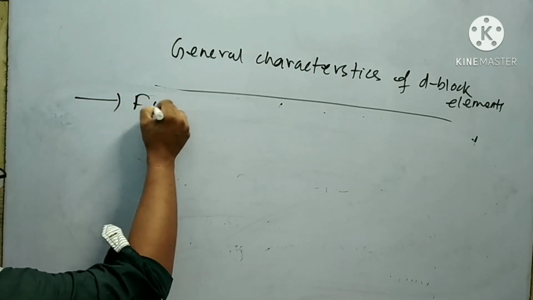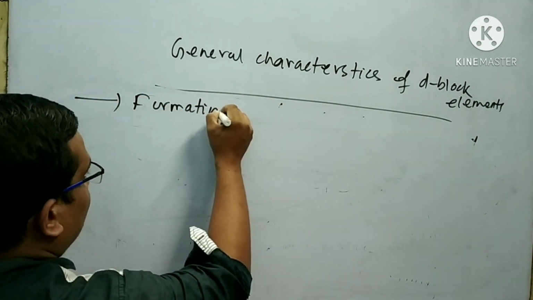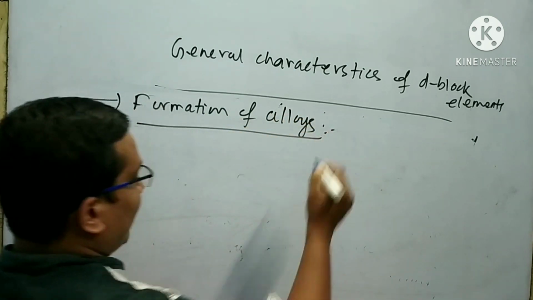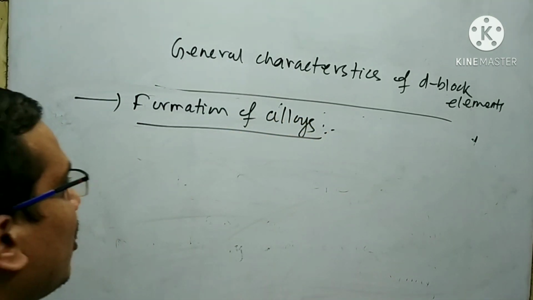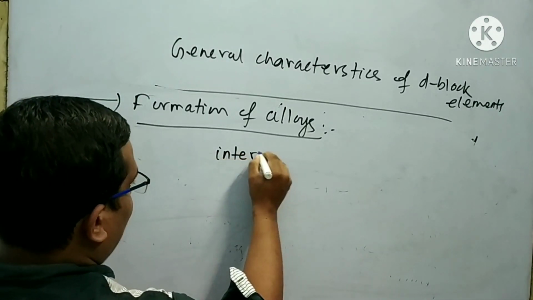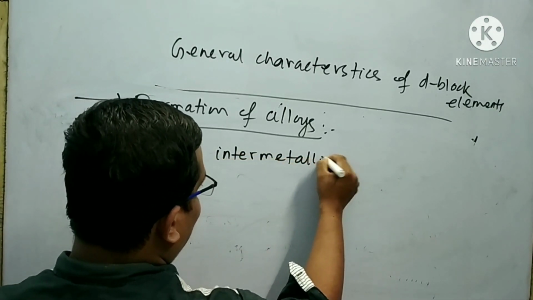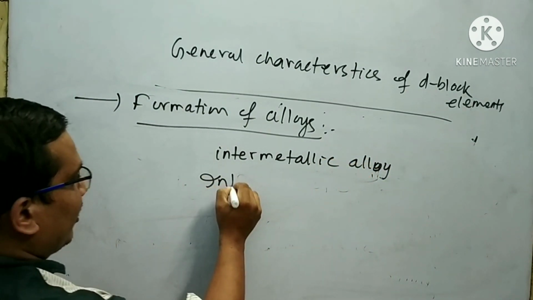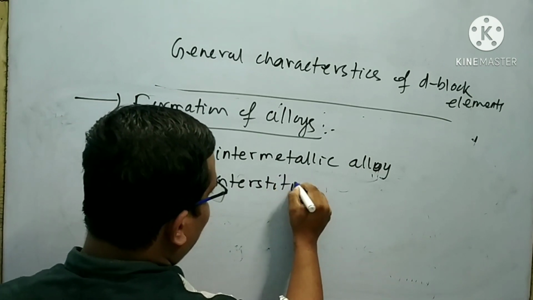Next is the formation of alloys. The transition elements can form different types of alloys. They can form both intermetallic alloys and interstitial alloys.